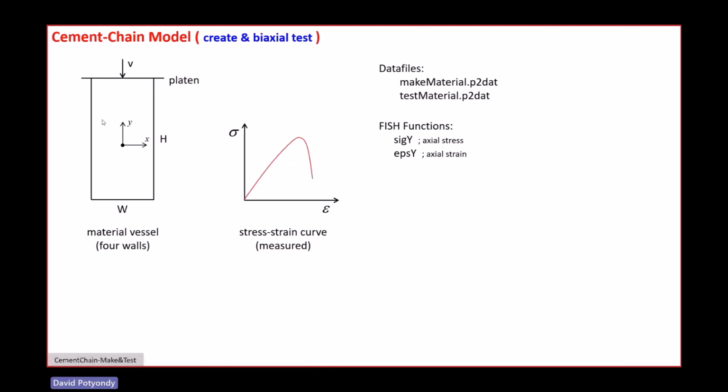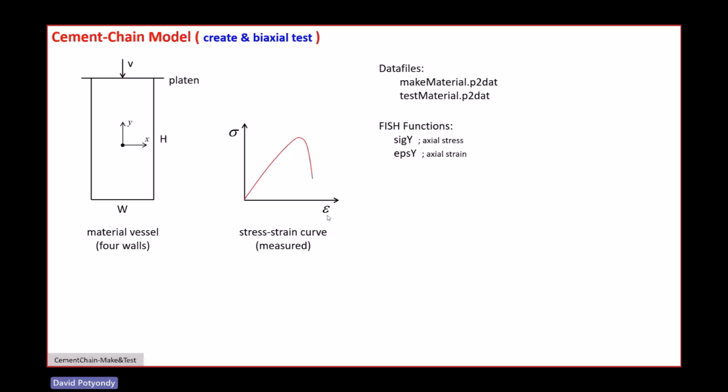We're going to tell it as parameters that we have a concept of a material vessel, and we're going to create walls. We're going to make one of the walls a platen, so we can give it a velocity. Then we're able to measure the force acting on the platen and divide that by the cross-sectional area. That's called sigma. We're going to write a fish function to do that, and we'll call that sigma y.